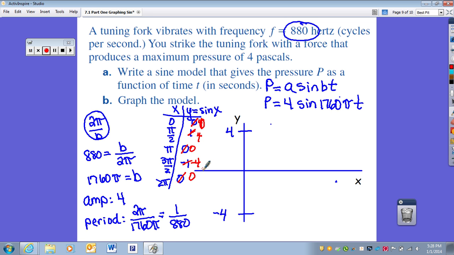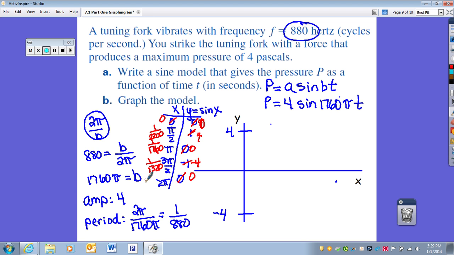Then what we need to do is we need to multiply each of these, or divide each of these, by 1,760 pi. So when we do that, we end up still with 0, and we're going to end up with some strange fractions. This is going to be 1 over 2,200. This is going to be 1 over 1760. This is going to be 1 over 1320.